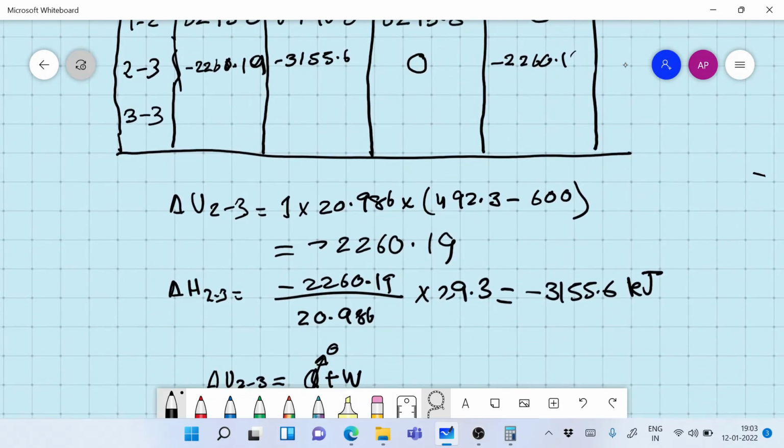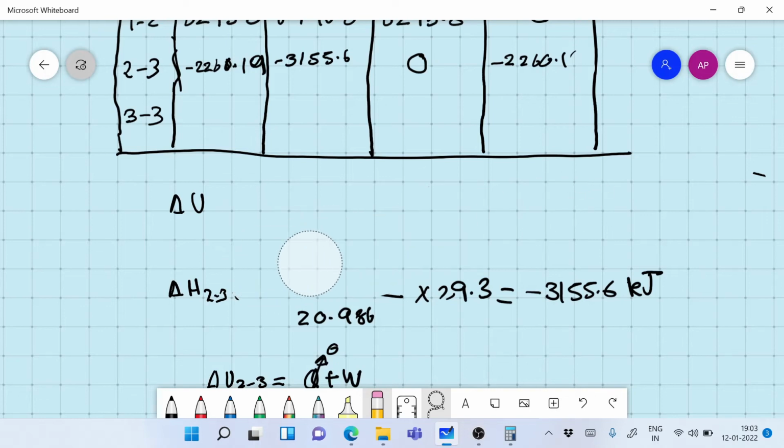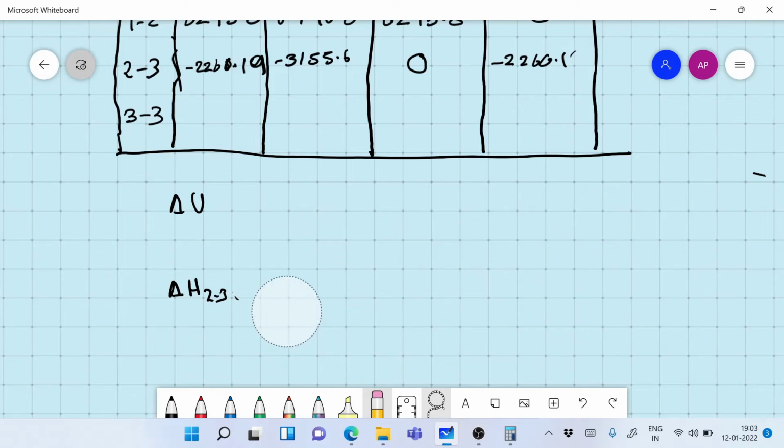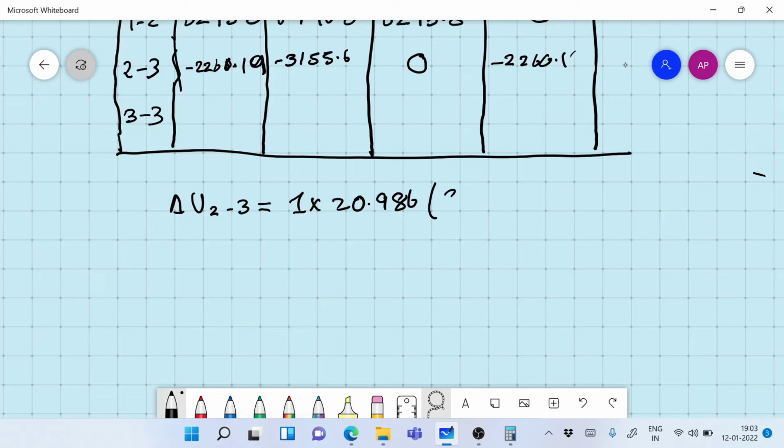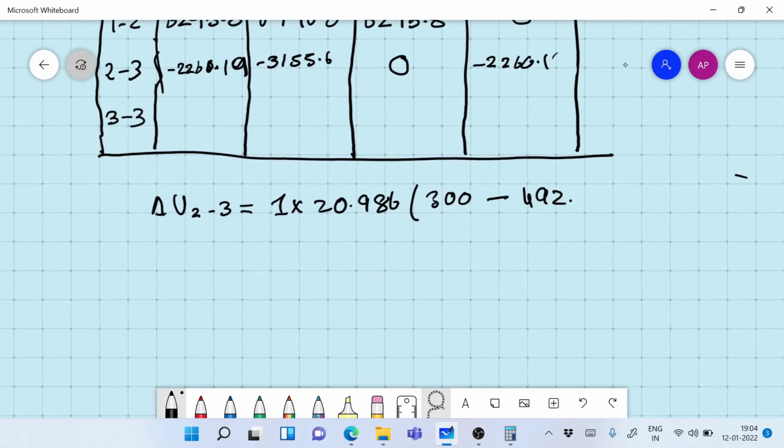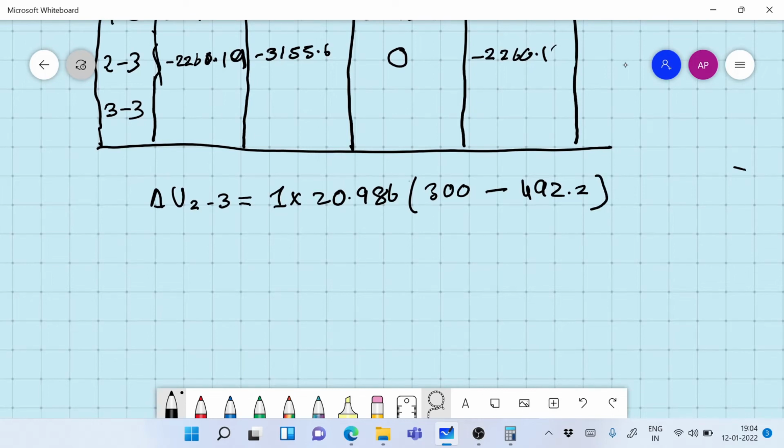Now, finally, it is process 3-1. Now, this process is a constant pressure process. So, we take 1 kilomole into 20.986 into 300, the final temperature, minus 492.2, the starting temperature for the process.